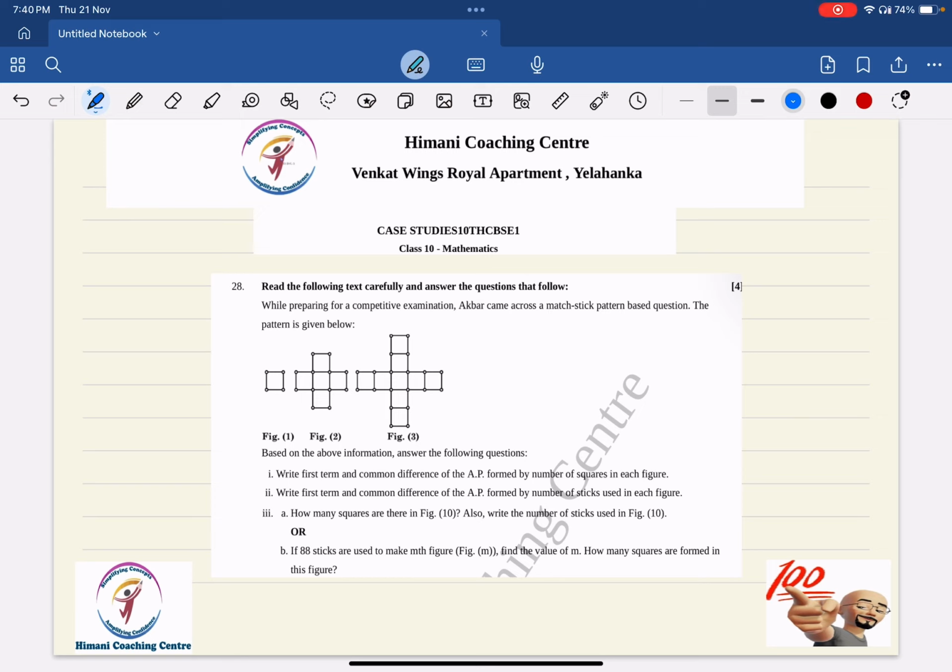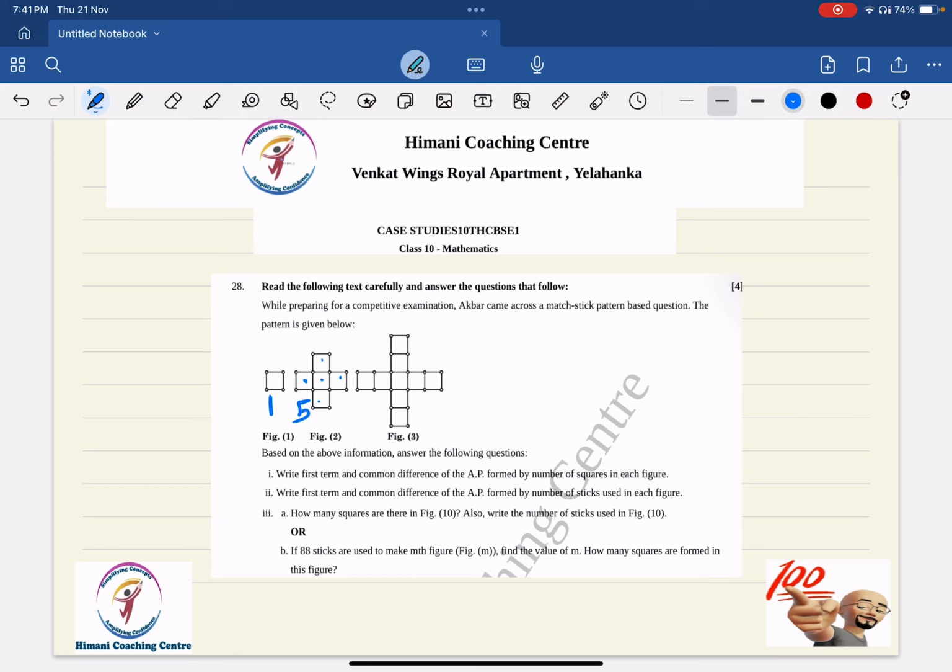Write the first term and common difference of the AP formed by number of squares in each figure. We have to count the number of squares. Okay. So can you see how many squares are here in the first one? It is just one. How many squares can you count? One, two, three, four, five.